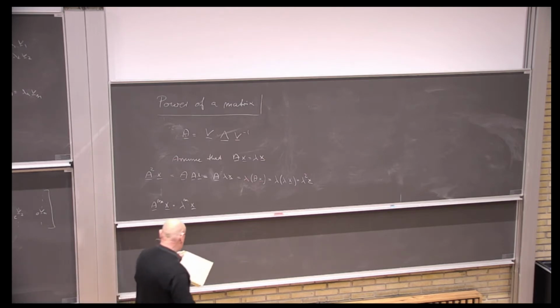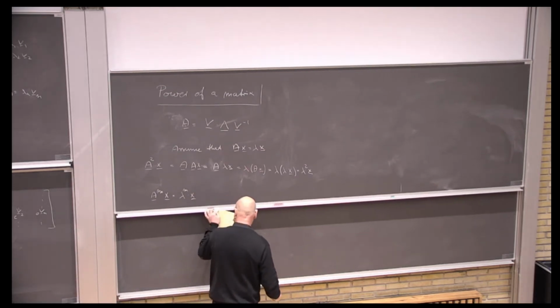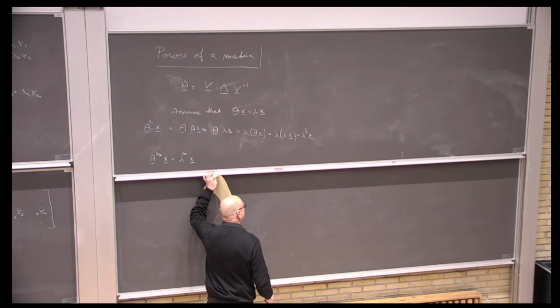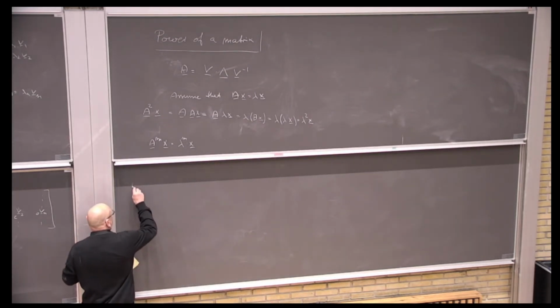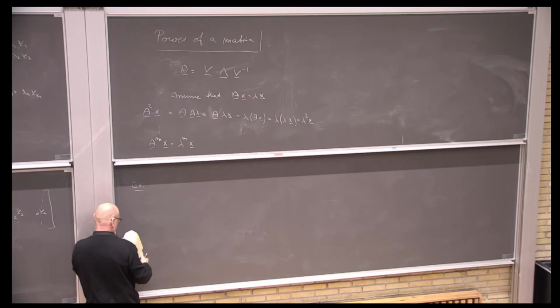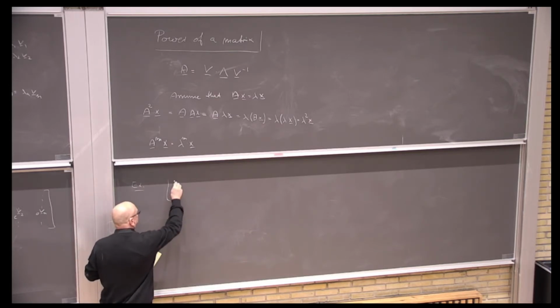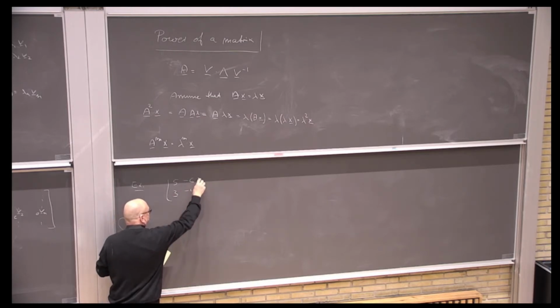Now, I'm going to return to the example. I have the matrix 5, 3, minus 6, minus 4.